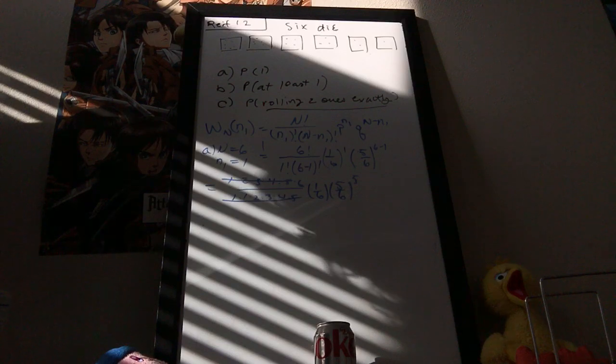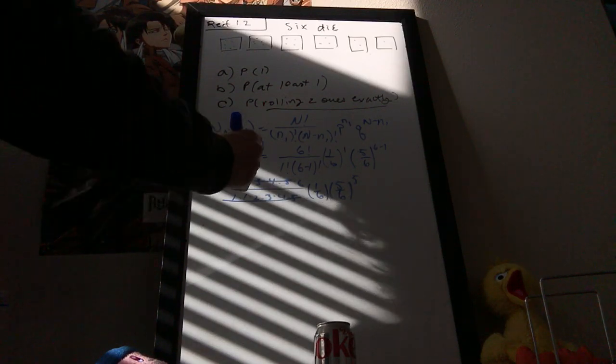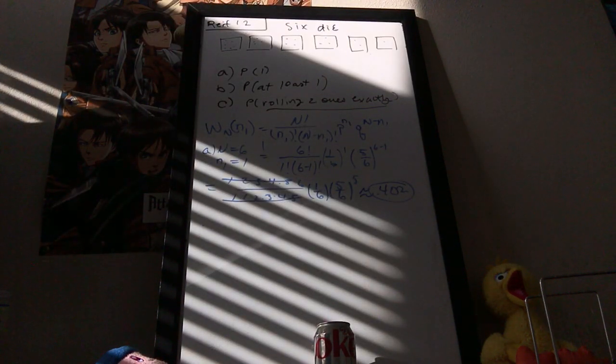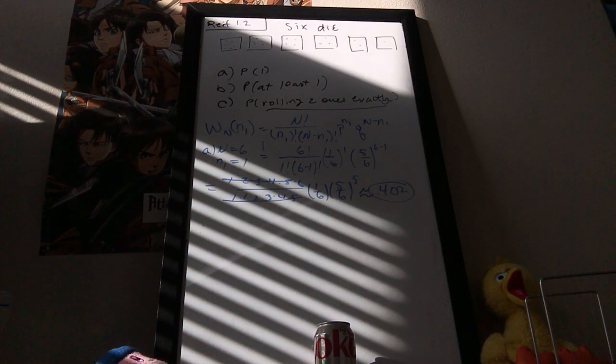We can throw that into a calculator, and we should get about 0.402. So you've got about a 40% chance of rolling exactly 1 ace, right? Or 1 snake eye, whatever the heck you want to call it, of rolling exactly 1 one.